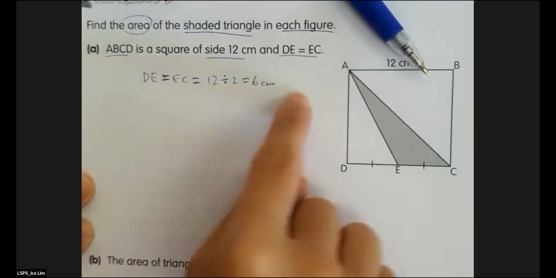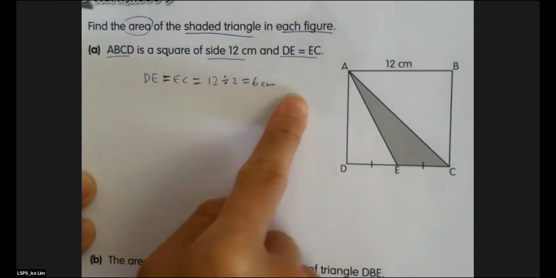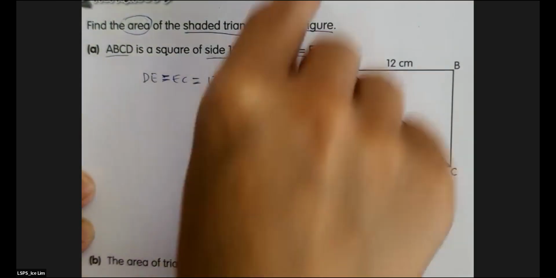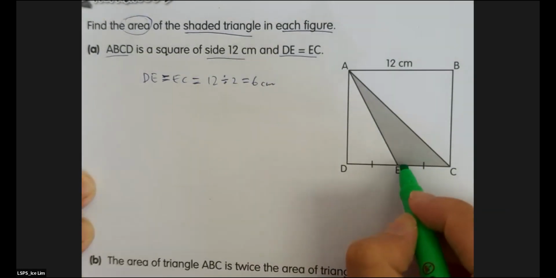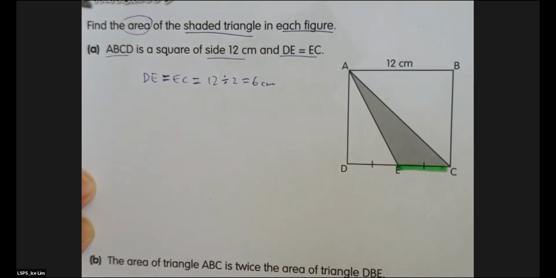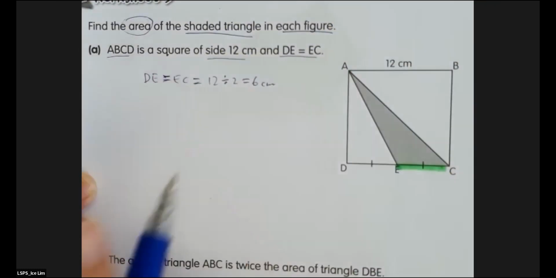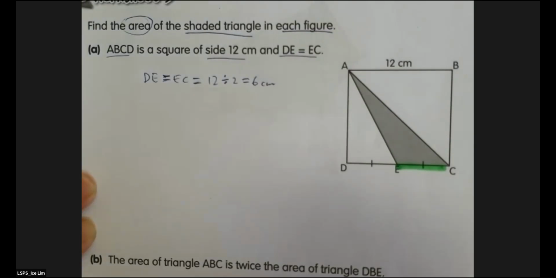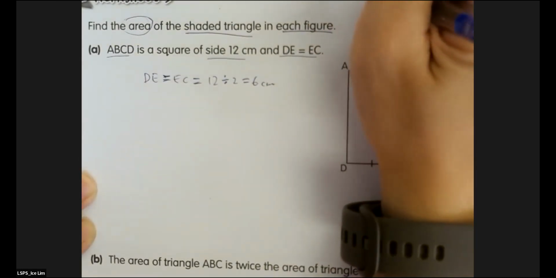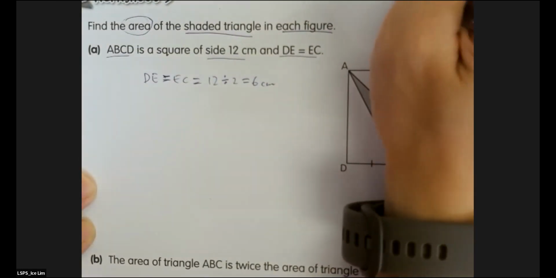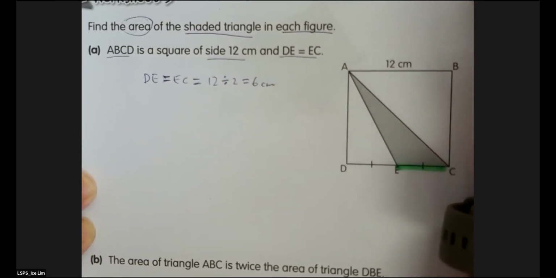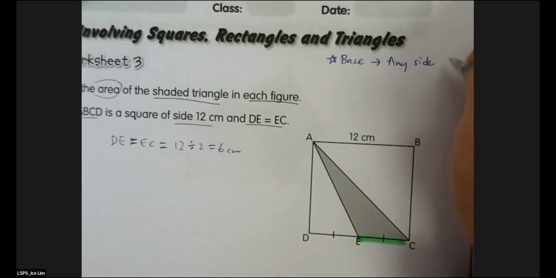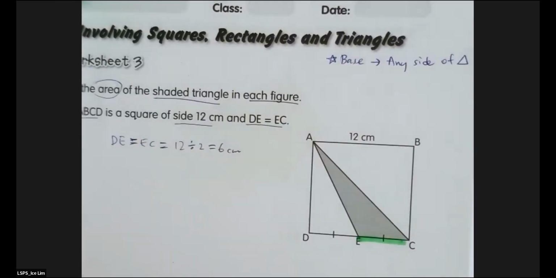Why do I do this step? Look at the base of the triangle, which is 6, which is easy. Always remind yourself of these things: the base of the triangle will always be any one side of the triangle.